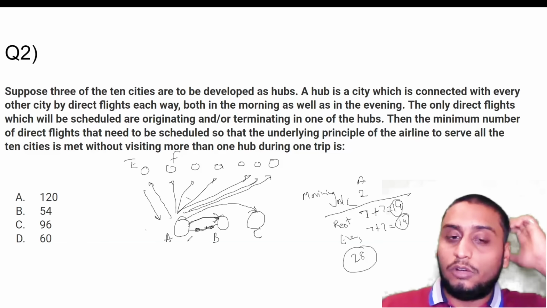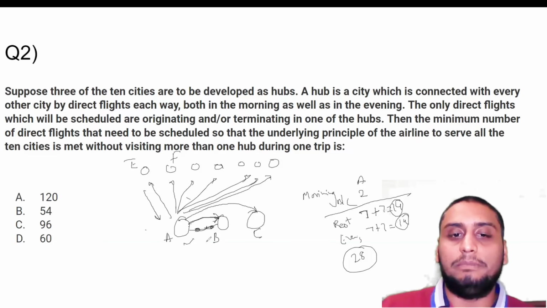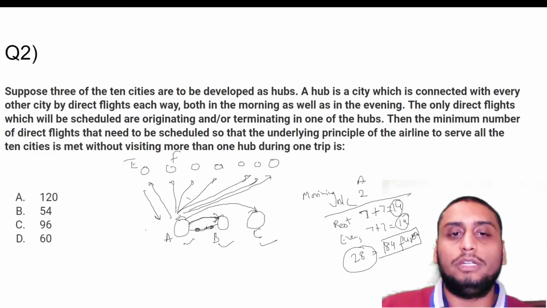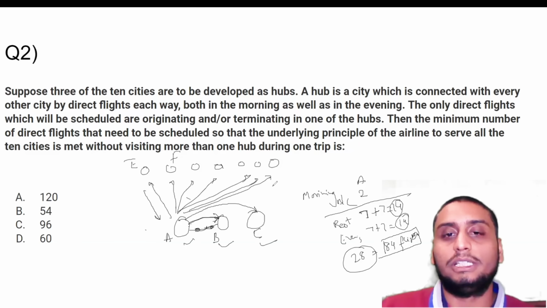So for each of the hubs A, B, and C, there should be 28 flights, which is your 84 flights. A individually to these seven, B individually to these seven, C individually to these seven, because you can only go to one hub.